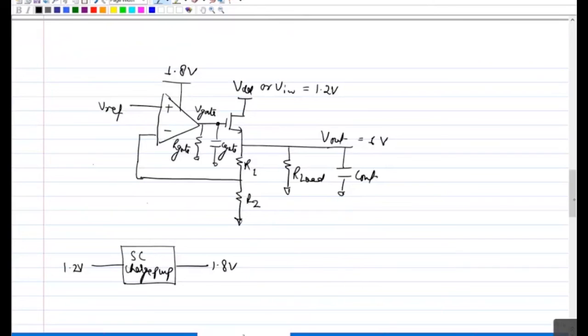So for 10 milliamp, even if your efficiency is 30%, 20%, or 50%, overall system efficiency may not get impacted because it's only a fraction of power you are delivering to that module. So efficiency will matter mostly when the power you are delivering from that regulator is a large fraction of your total system power. Okay, sir.